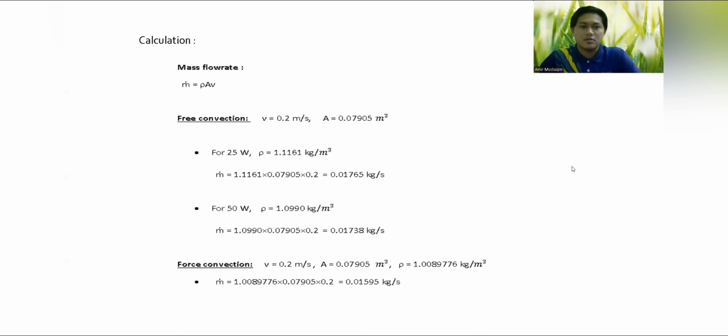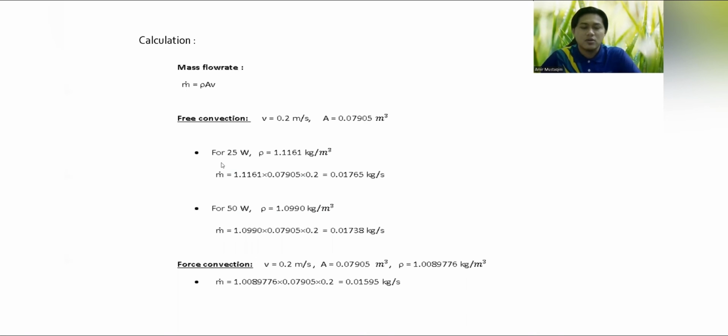Next is the calculation for mass flow rate. For mass flow rate, we use the equation m = ρAV, where ρ is density, A is area, and V is velocity. For free convection, the value of V and area is the same.